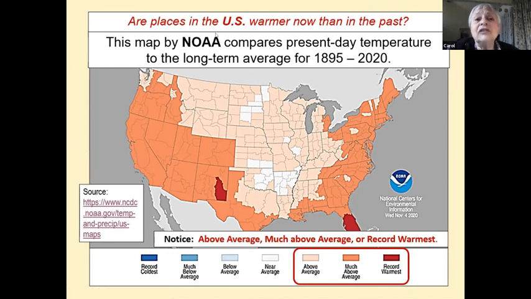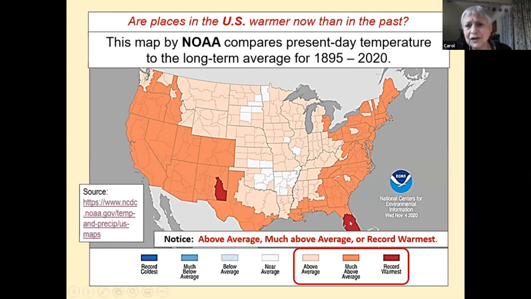It has these regions, and it's trying to say, when we look at the long-term average temperature, because we know what temperatures were very accurately since 1895, when we compare present day to the long-term average, notice how much of the United States looks like, I'm not sure I want to retire to Florida.